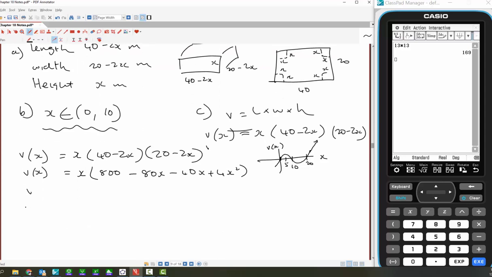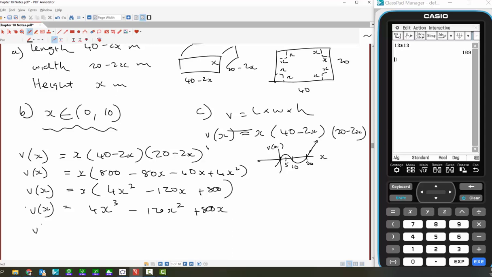All right, let's clean that up a little bit. Notice I'm not going to the derivative just yet. 4x squared, take away 120x plus 800. Still not ready to derive. I've got to get it to all single terms. 120x squared plus 800x.